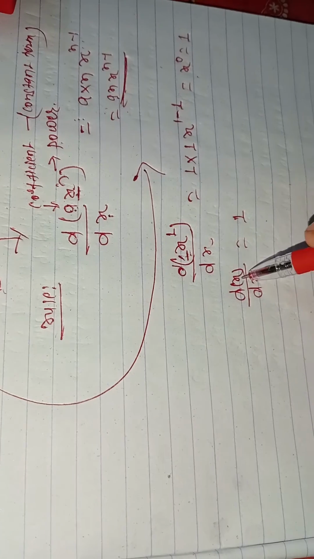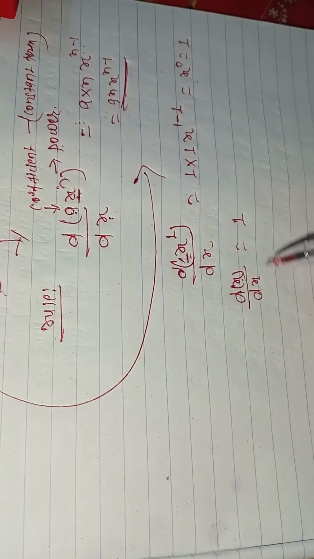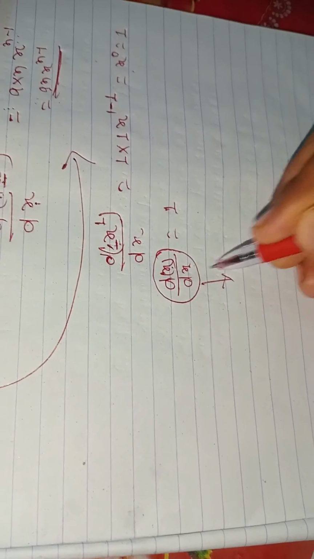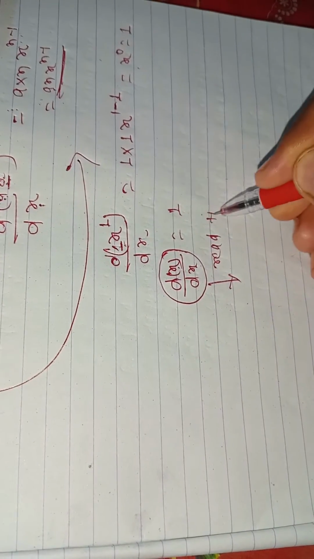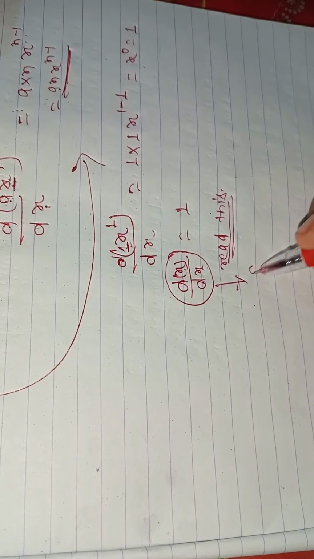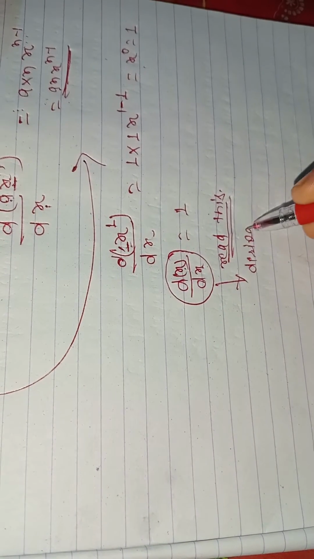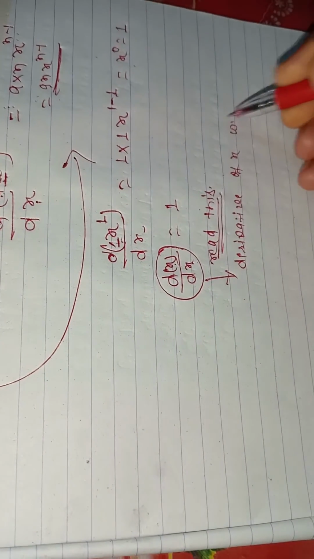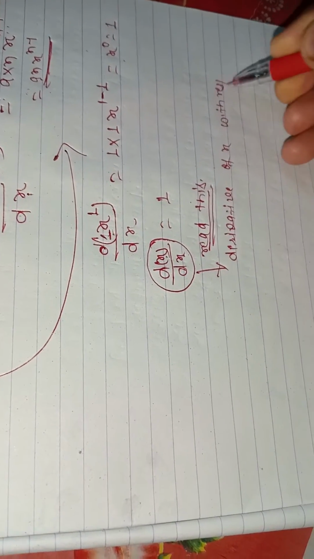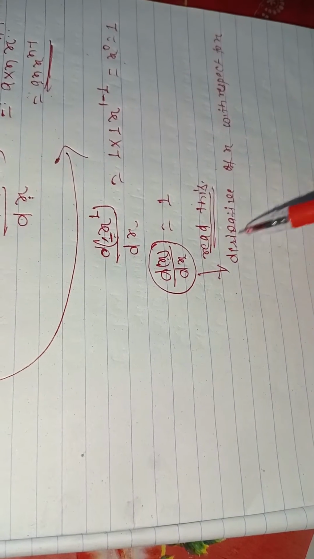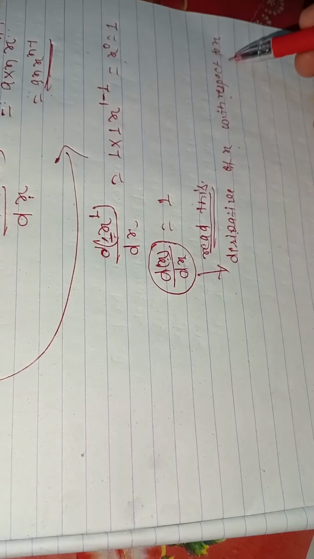It means the derivative of x with respect to x. How can we read this? If you want to read this, you have to read it as the derivative of x with respect to x.